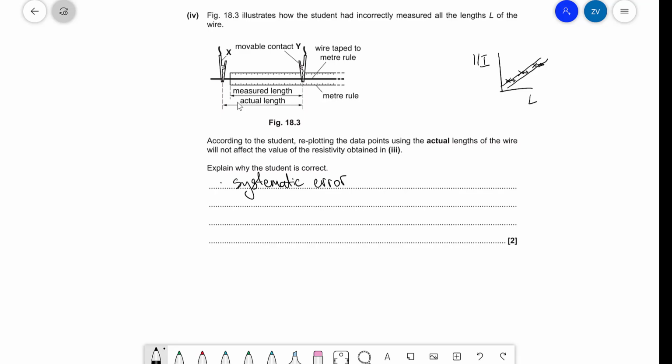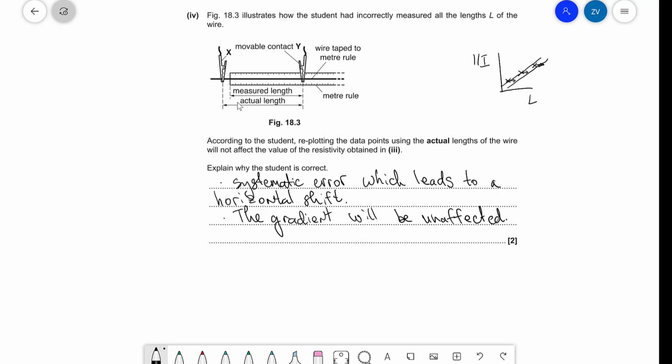So the systematic error, let's just say that which leads to a horizontal shift. However, the gradient will be unaffected.